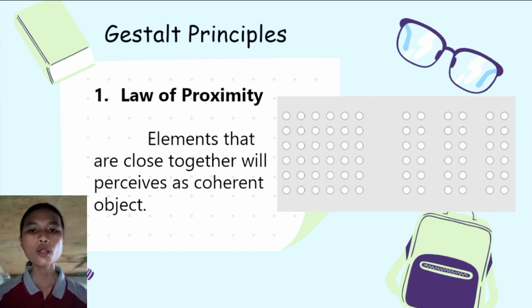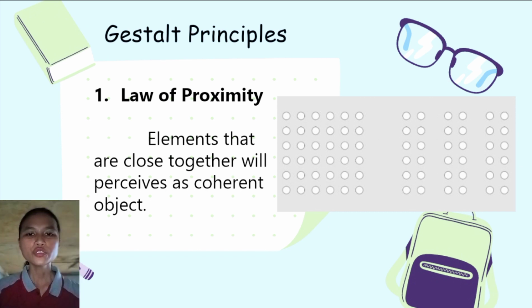In the law of proximity, elements that are close together will be perceived as a coherent object, which means they will be perceived as belonging together. As you see in our presentation, there is an example of the law of proximity, which is the dots or the puzzle box.